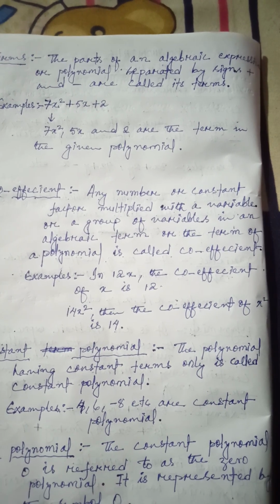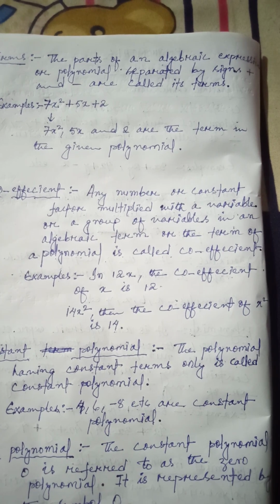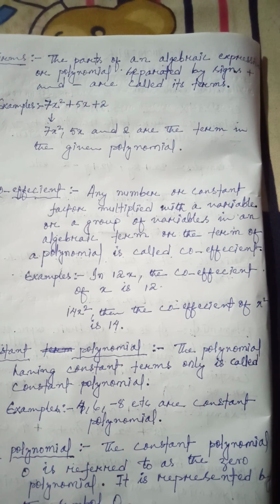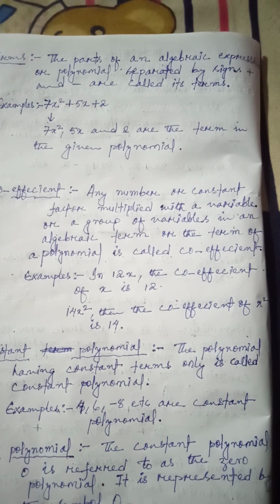As we can see here, 12 is multiplied with the variable x, so we call this 12 the coefficient of x. Then 14x squared. Here 14 is the number multiplied with the variable x squared, so we call this 14 the coefficient of x squared. Is it okay?